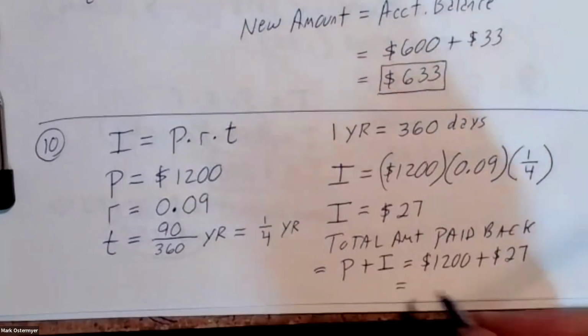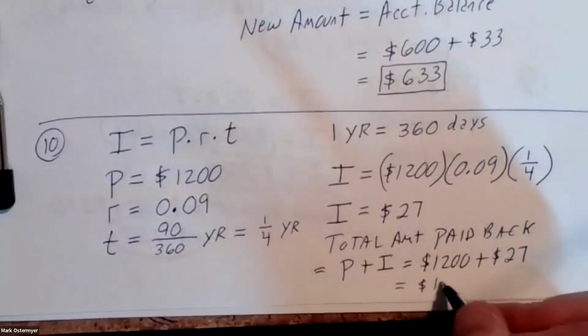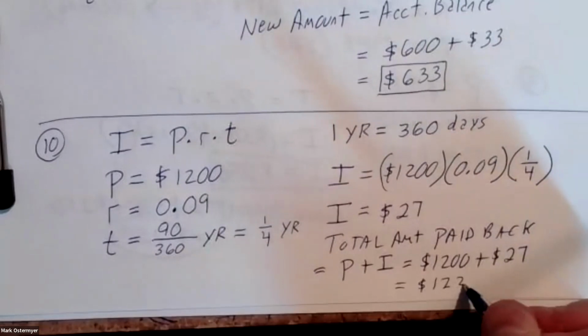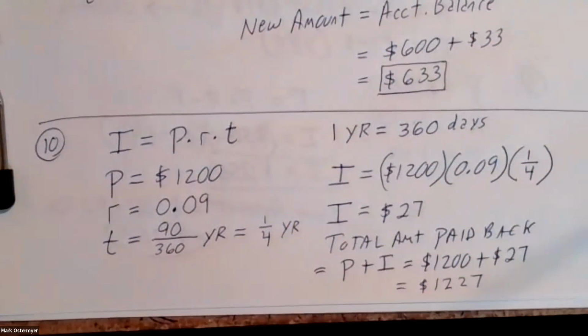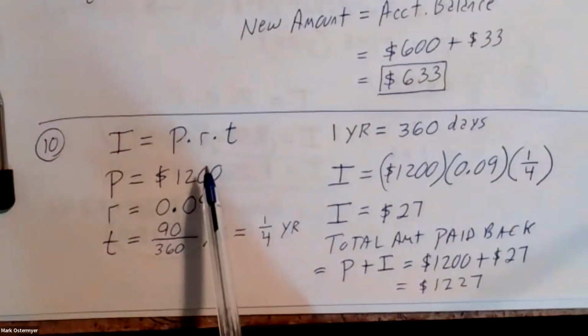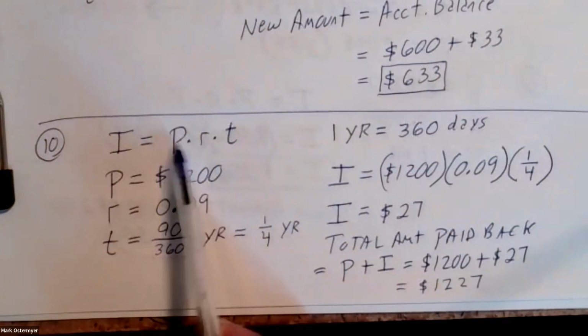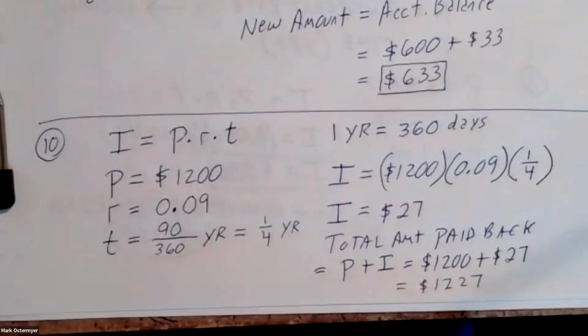Hence, when all is said and done, we will have paid the bank back $1,227. Correct? Simple interest problem. So that's how simple interest basically works. Simple interest is basically interest that's computed only on the principal alone.